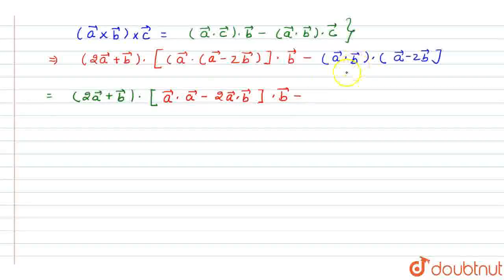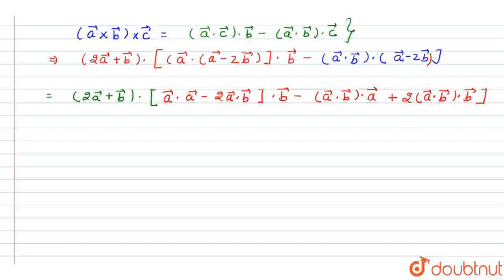Minus, now multiplying a vector dot b vector with this, we get a vector dot b vector times a vector. From here minus minus becomes plus, and we get 2 times a vector dot b vector times b vector.